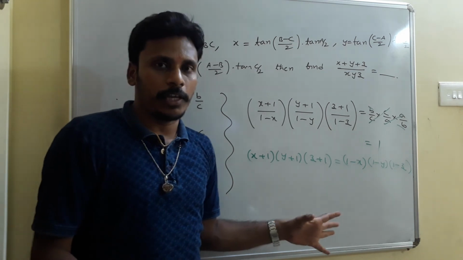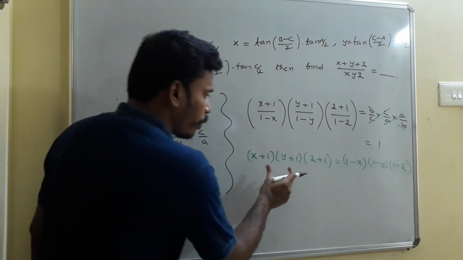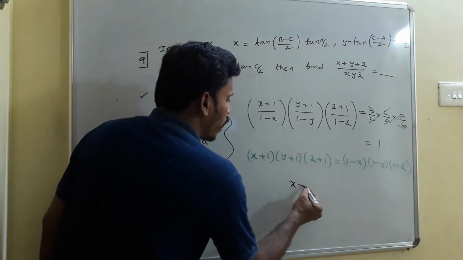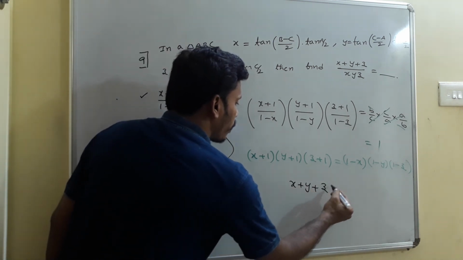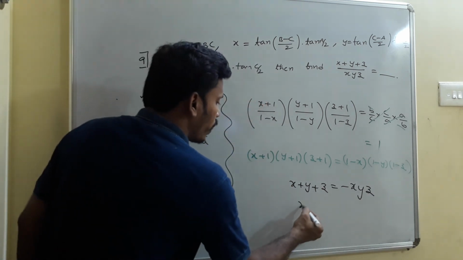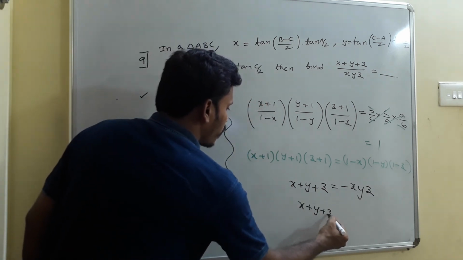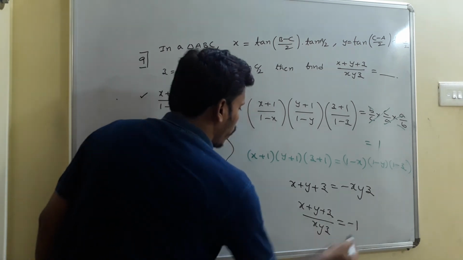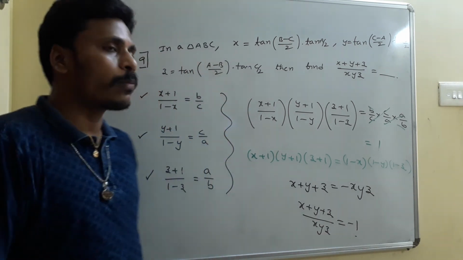It is usual multiplication. If you multiply and equalize these two, some terms will get cancelled and at the end you are left with x plus y plus z is equal to minus xyz. If you send xyz to this side, (x plus y plus z) by xyz is equal to minus 1, and your answer for this problem is minus 1.